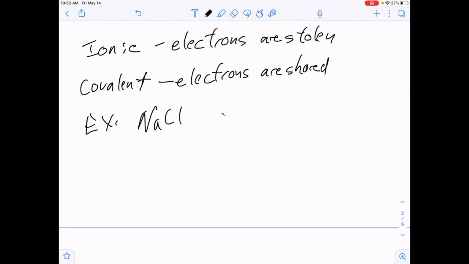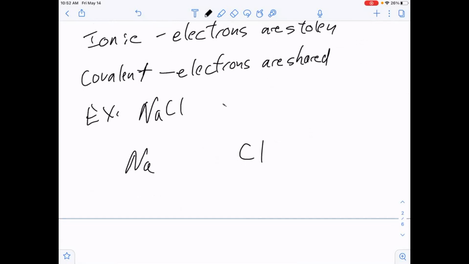So this is why we study quantum mechanics. So we've got sodium over here, chlorine over here. Sodium is neon 3s1.